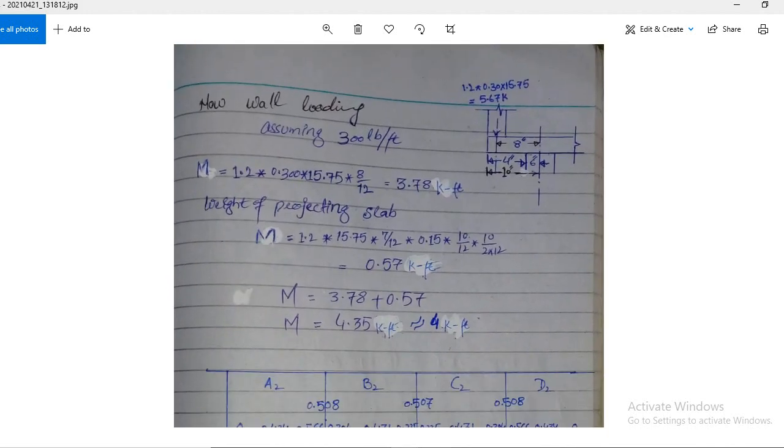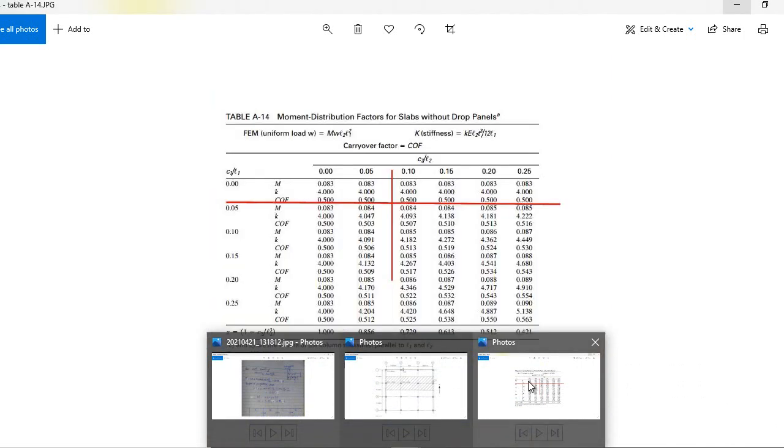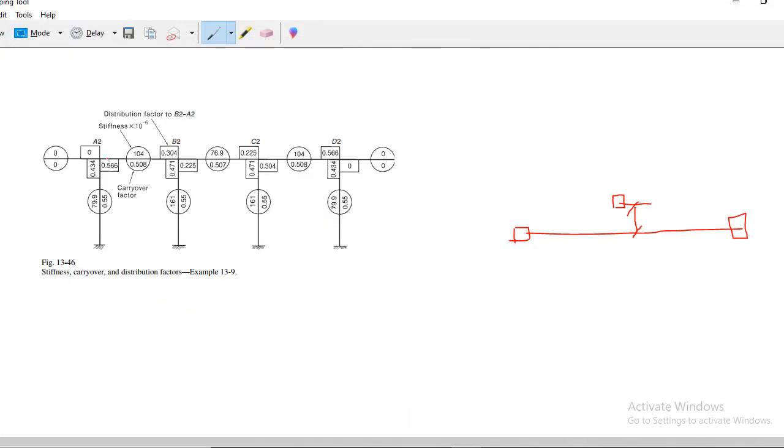Now this is important. As you see in this figure, this is the cantilever portion, but at this cantilever portion we have a wall right here. You already see that there is a partition wall.